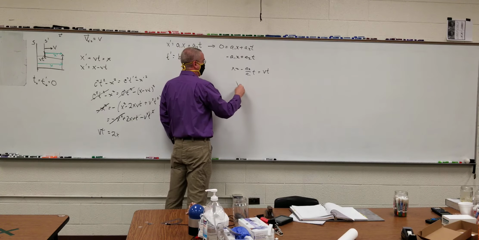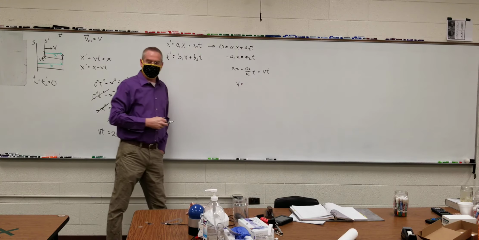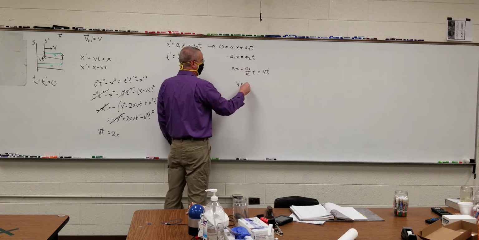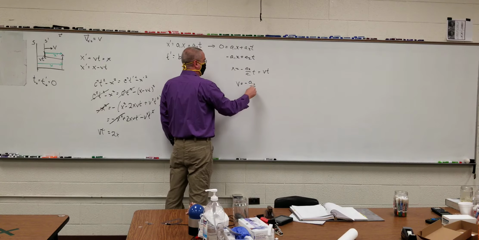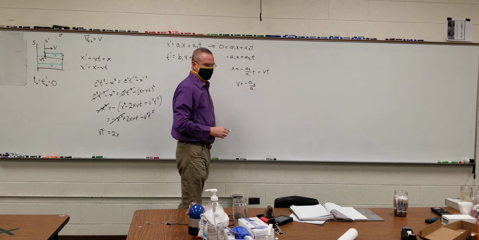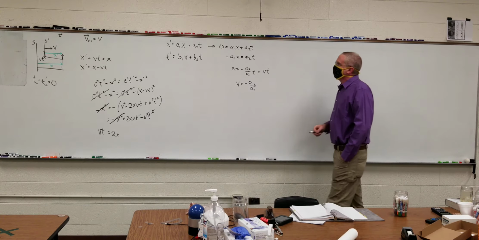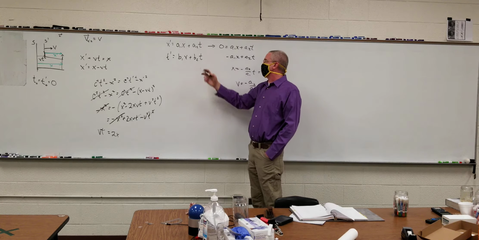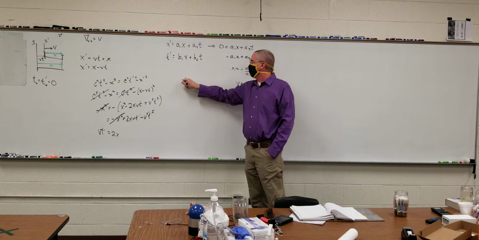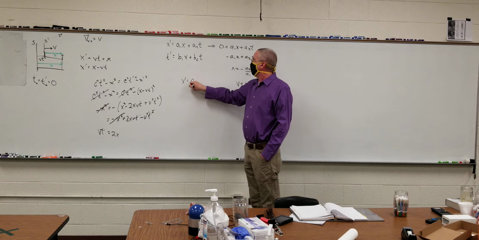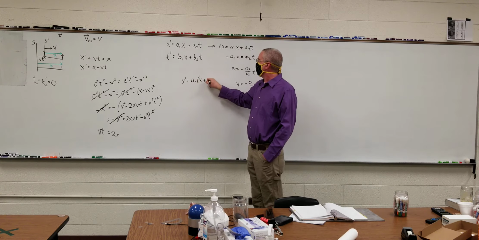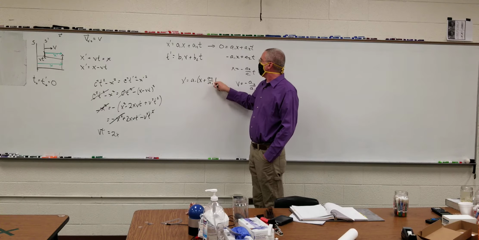So whatever my a1 and a2 are, we have a relationship here that the speed is equal to negative a2 over a1. So if I go back to my relationship here, I factor a1 out, I have x prime is equal to a1 times x plus a2 over a1 t.